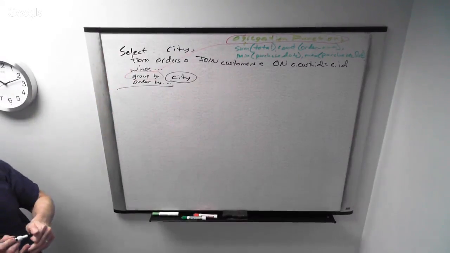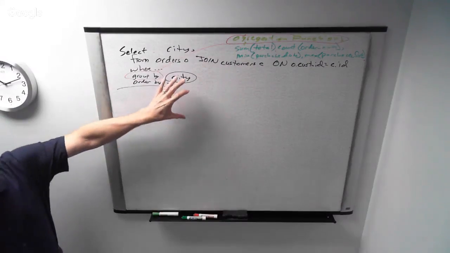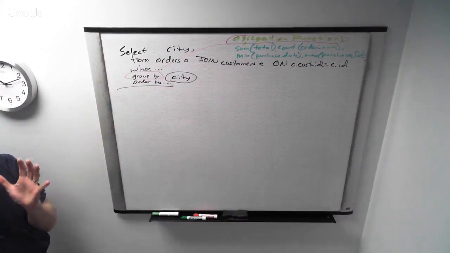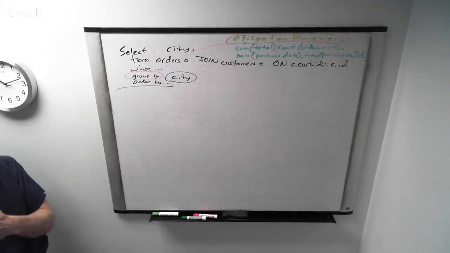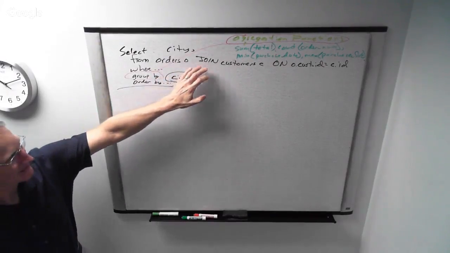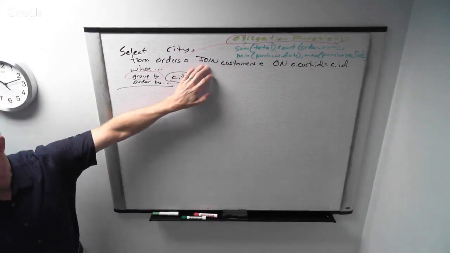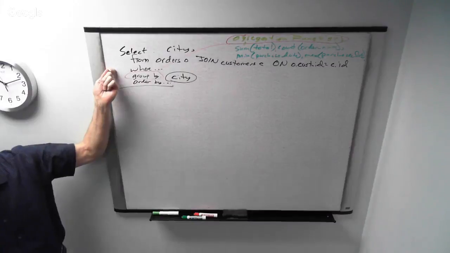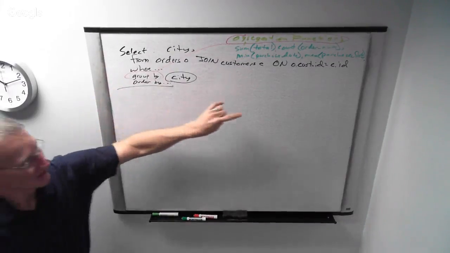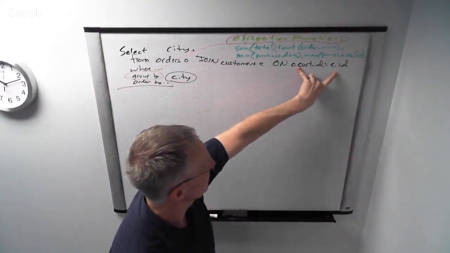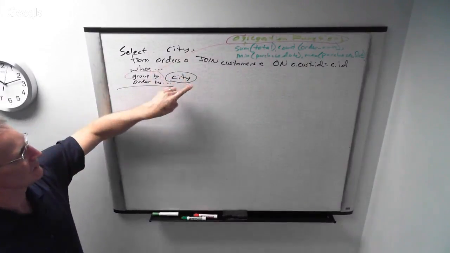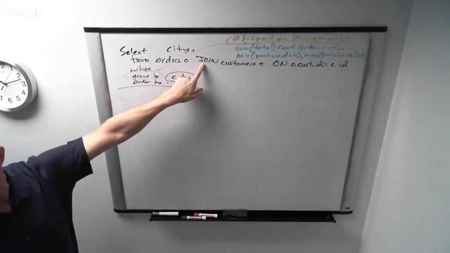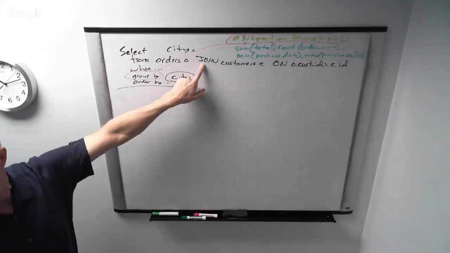That statement is exclusively within the context of using the join on syntax. If we don't use the join on syntax, then we necessarily have to use the where clause, take this condition right here and put it under the where clause, change the word join into a comma, and drop off the on.